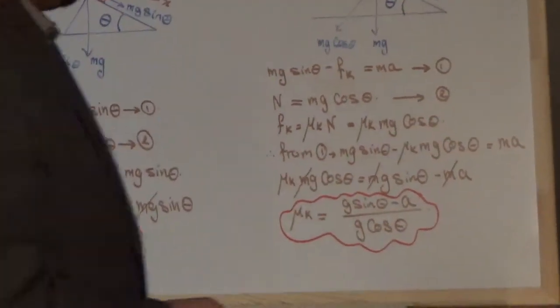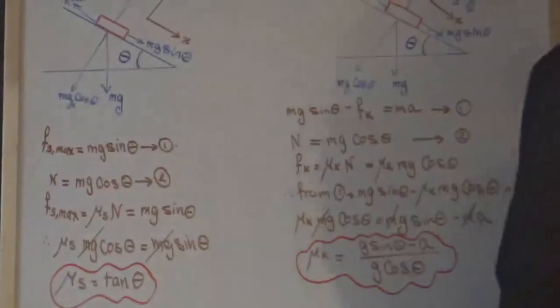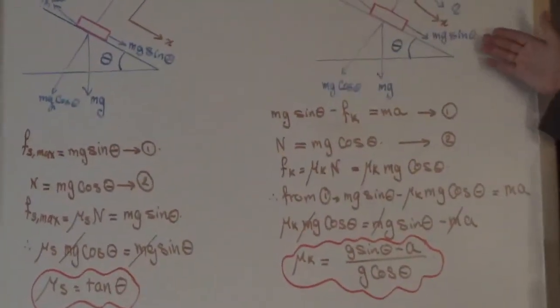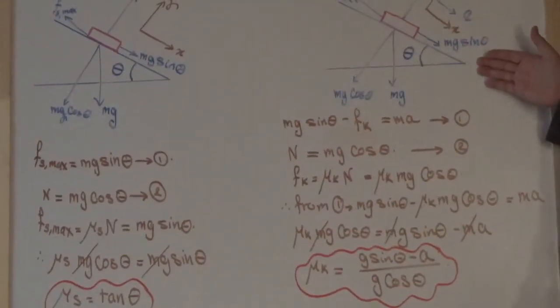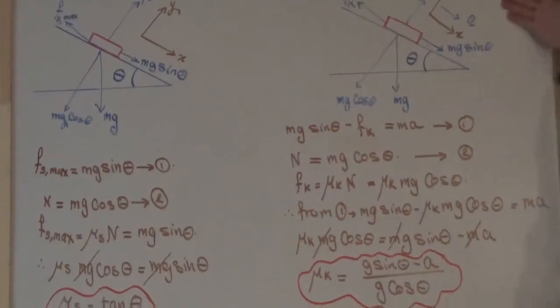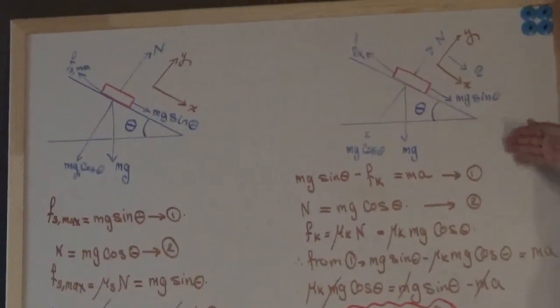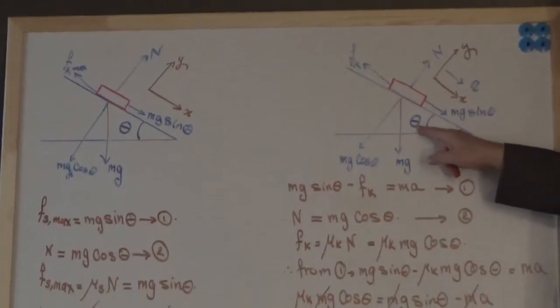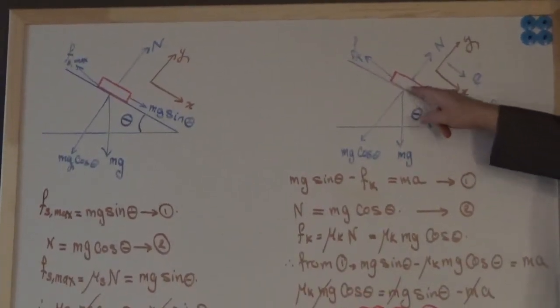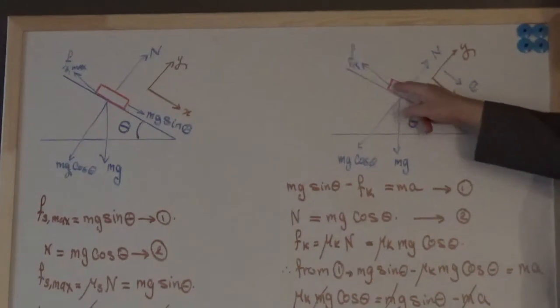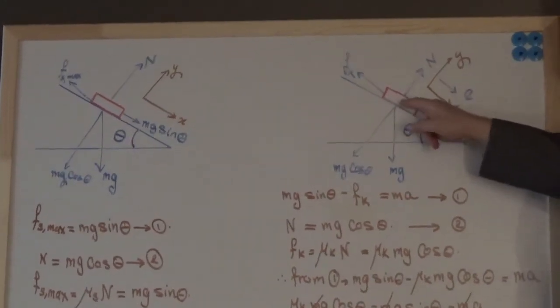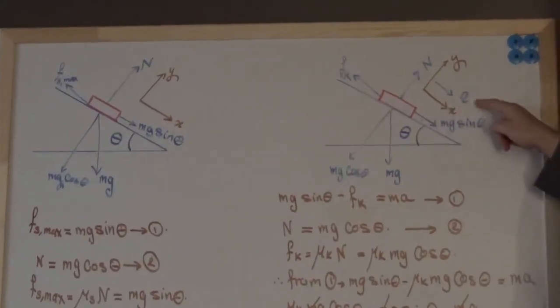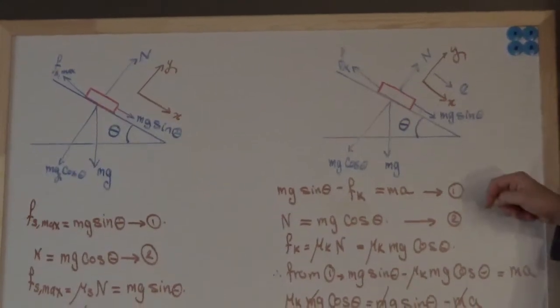I will move now and talk about the kinetic friction, as you can see right here. In this free body diagram that you can see right here, we have the same object, and we have the critical angle, but this object right now is moving. It is going down with acceleration a.